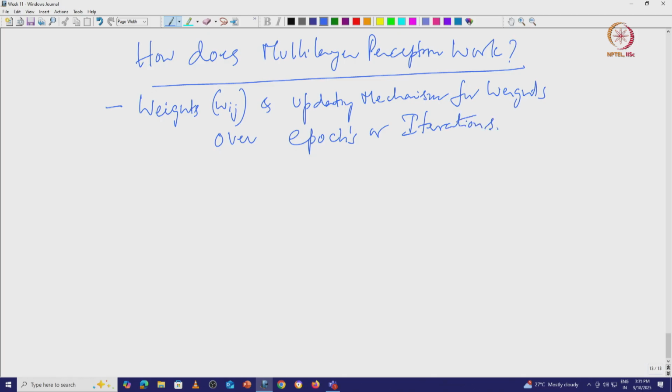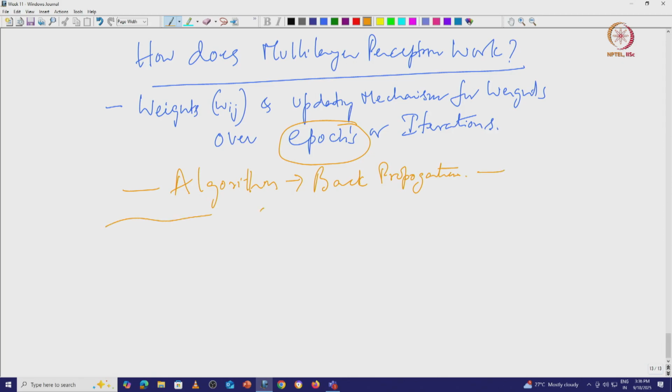Iterations is not a correct word, epochs is a better word, simply meaning that you train from input to output all over again multiple times. Okay. People are familiar with iterations, epochs are its combinations of iterations. Okay. There is an algorithm, it is called back propagation.